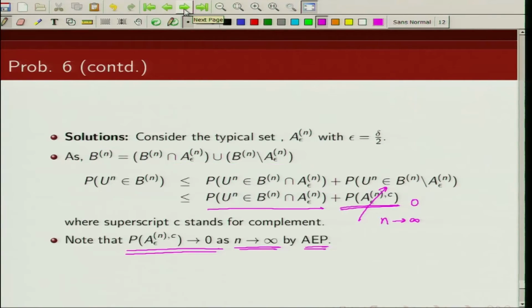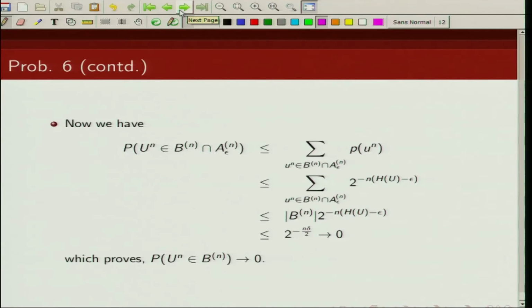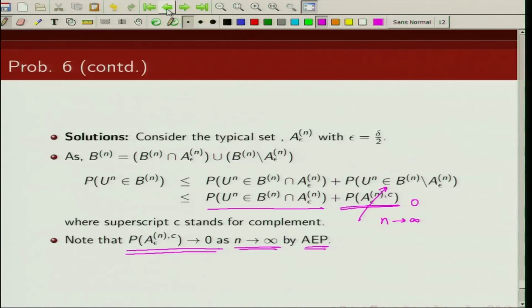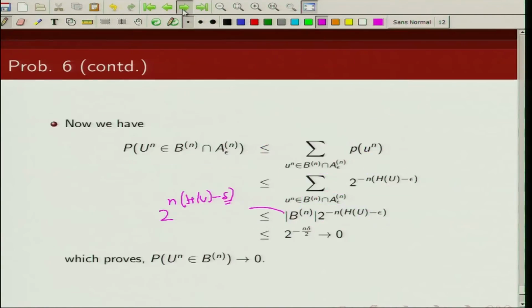So if I plug in this value of B^n, which is 2 raised to the power n H(U) minus delta, and plug in the value of delta, which we chose as 2 times epsilon, so epsilon we chose as delta by 2, then what I get here is 2 raised to the power minus n times delta by 2.